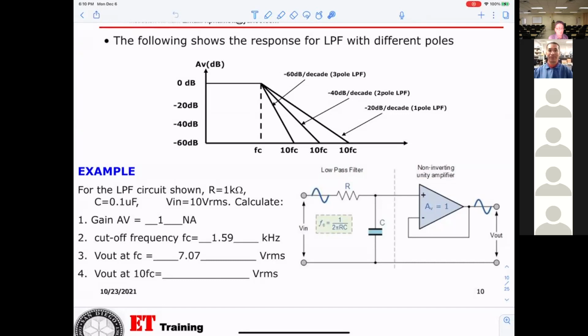Okay, number 2, they want the cutoff frequency. In order to get the cutoff frequency, you have to use the formula FC equals 1 over 2 pi RC. That's what gives you 1.59 kilohertz.